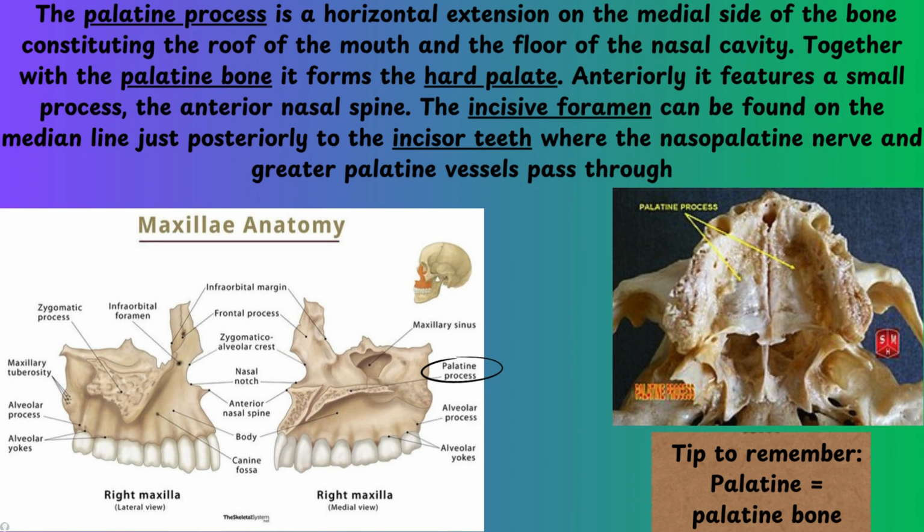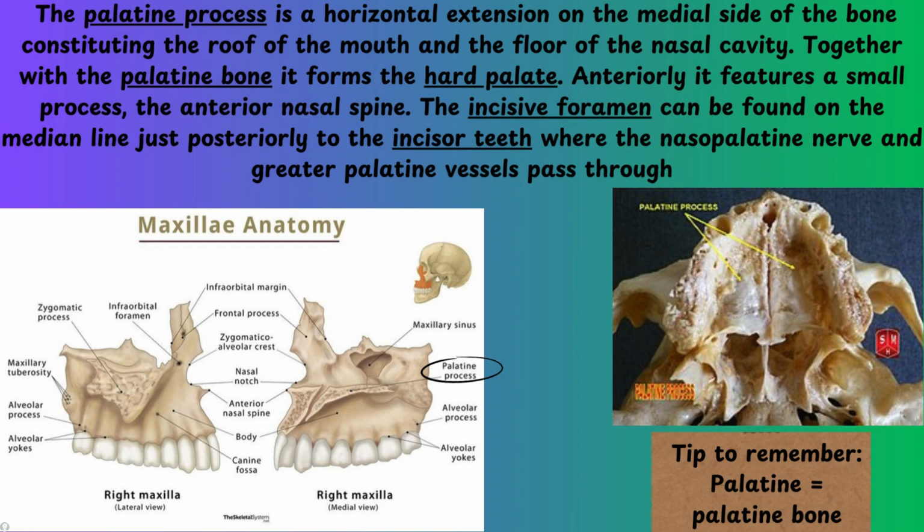Lastly is the palatine process, which is a horizontal extension on the medial side of the bone, constituting the roof of the mouth and the floor of the nasal cavity. Together with the palatine bone, it forms the hard palate.